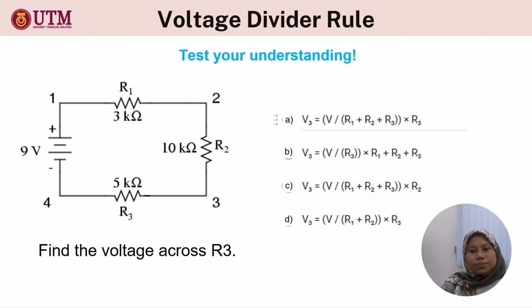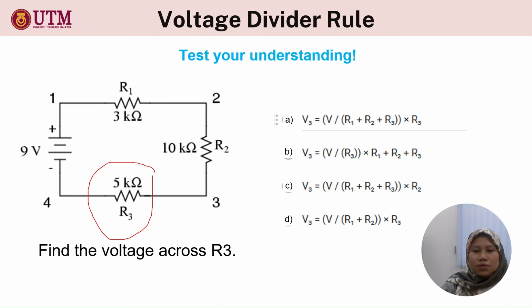Okay, now I want you to test your understanding. So we have this circuit, we have 3 resistors here. How to find the voltage across this resistor? Okay, how? Firstly, you need to find the equation of this VDR. So which one is the correct equation?